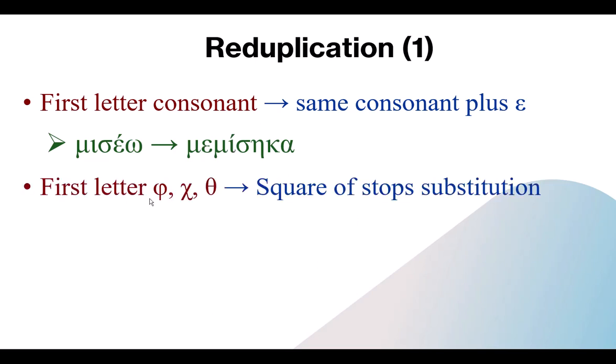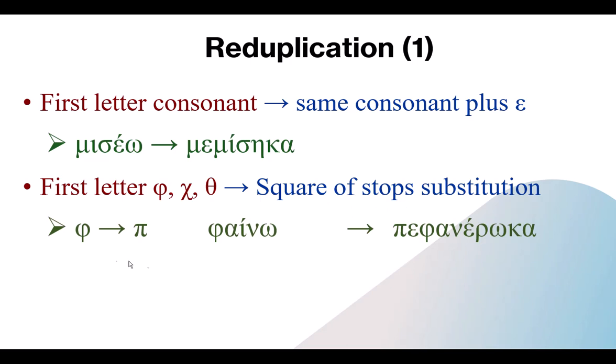Now, if the first letter is a phi, a chi, or a theta, we do a square of stops substitution. For a phi, we change that to a p. So for phaino, we get pephaneroka. The reduplication takes a p and puts that before the f sound, probably because pe-phe is easier to say than phe-phe. If the first letter is a chi, we change that to kappa.